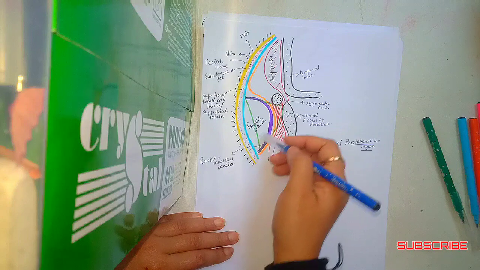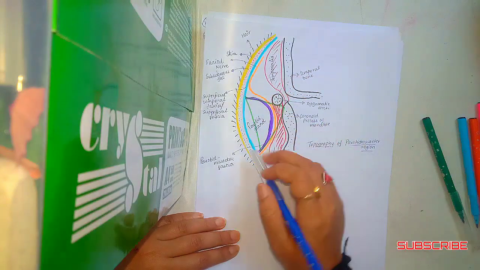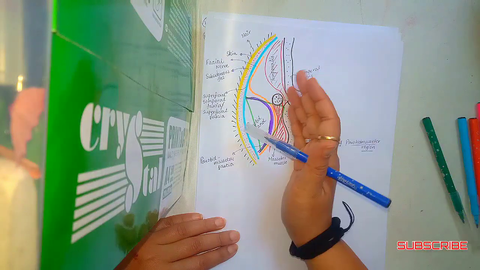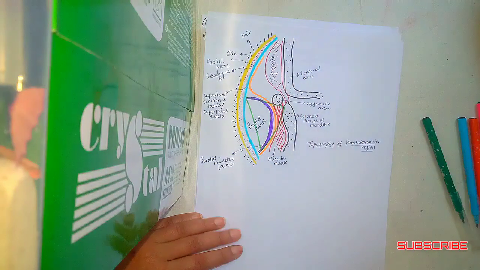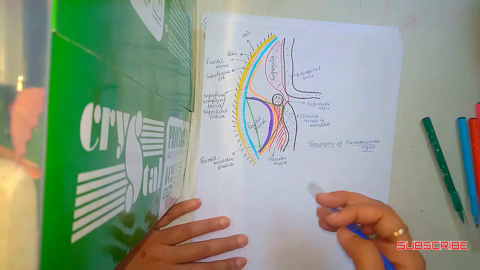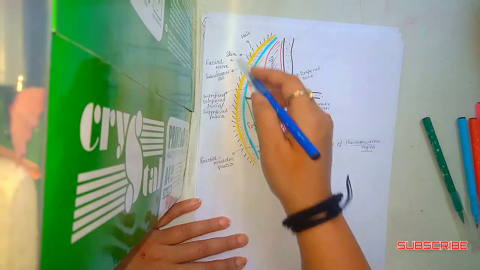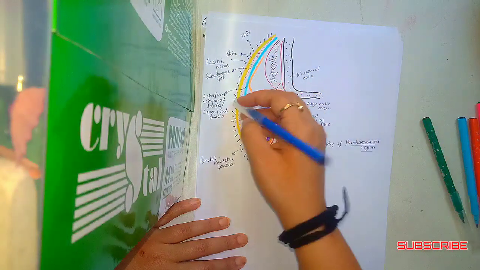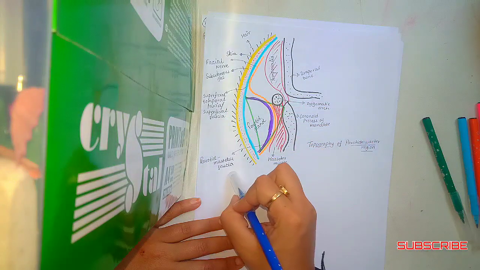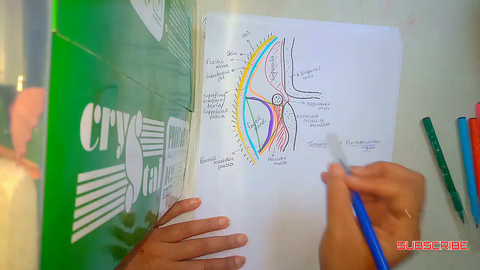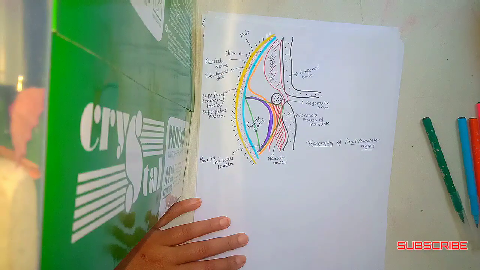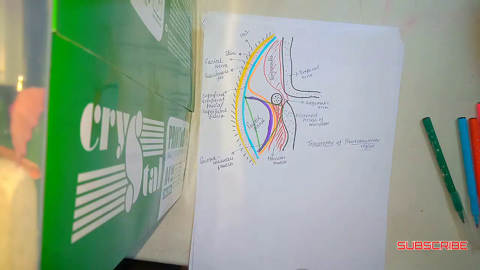So this fascia is also called deep fascia. And the muscles are like masseter, temporal. Okay, so there are 5 layers: skin, subcutaneous tissue, superficial fascia, parotid masseteric fascia or deep fascia, and the muscles, right? So now we will see the borders.